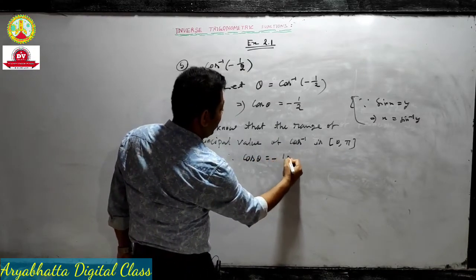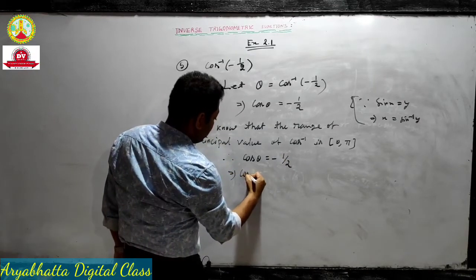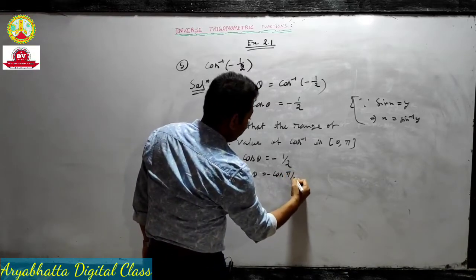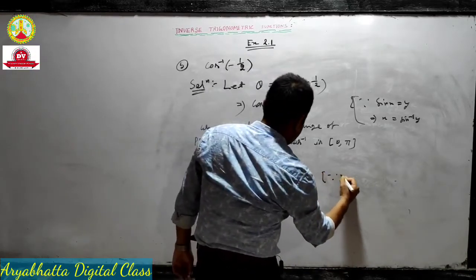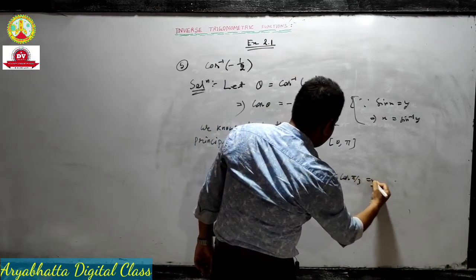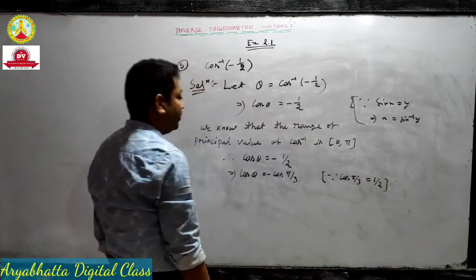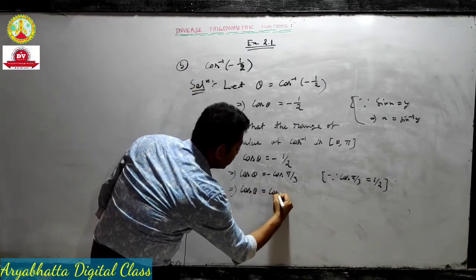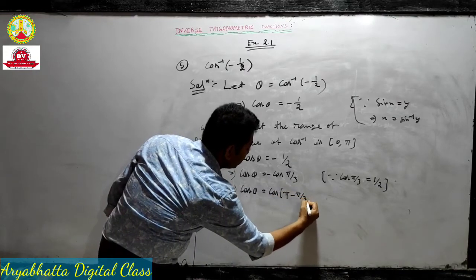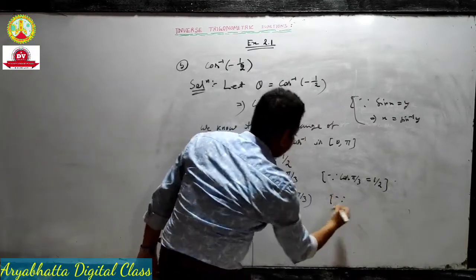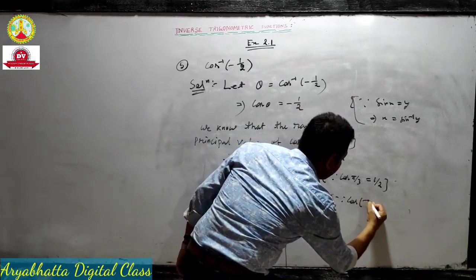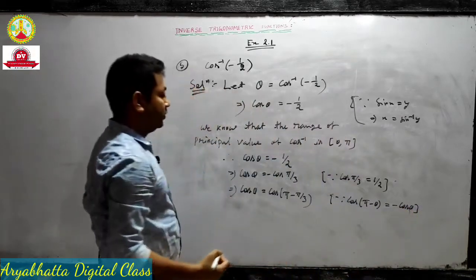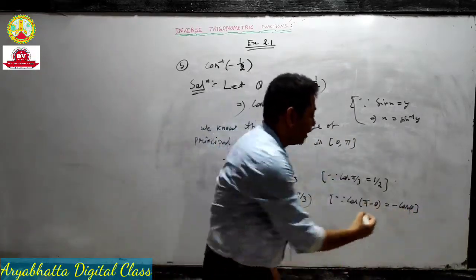cos theta equal to minus 1 by 2. This gives cos theta equal to minus cos pi by 3, since cos pi by 3 equal to 1 by 2. So cos theta equal to cos of pi minus pi by 3, because cos of pi minus theta equal to minus cos theta.